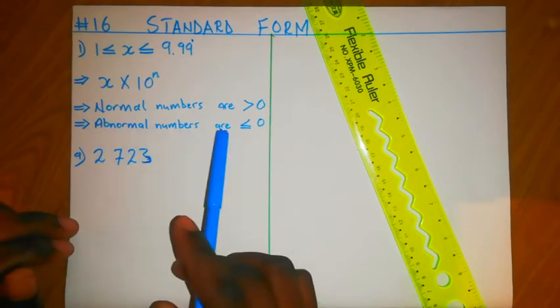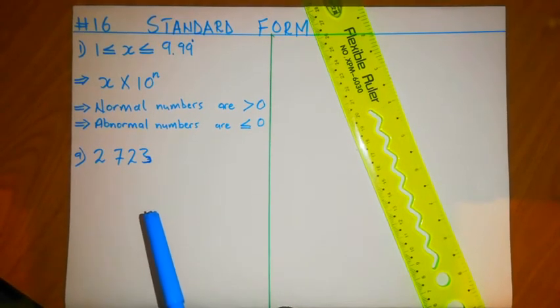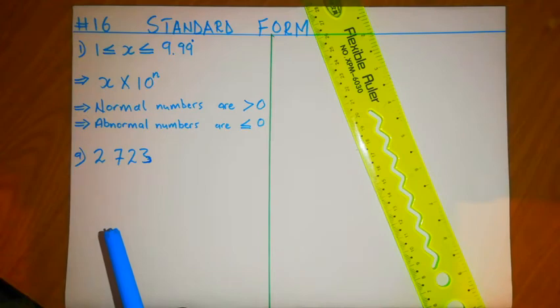Abnormal numbers are numbers that are less than or equal to 0. So all decimals that begin with 0 are classified as abnormal numbers.